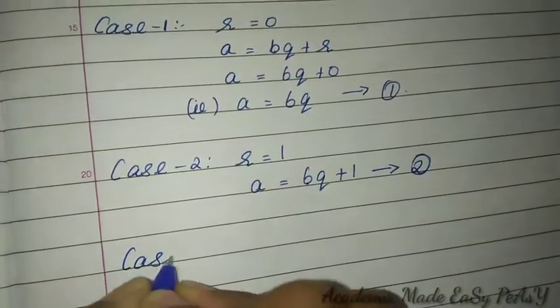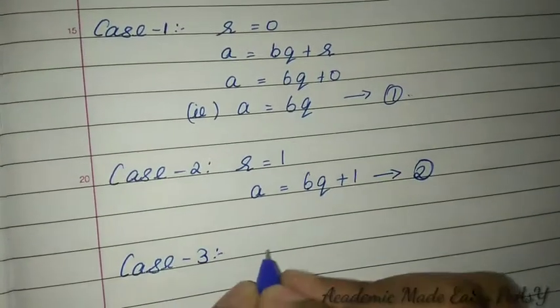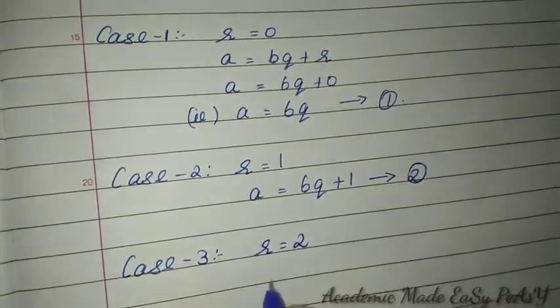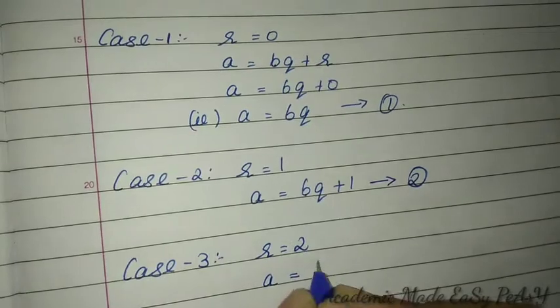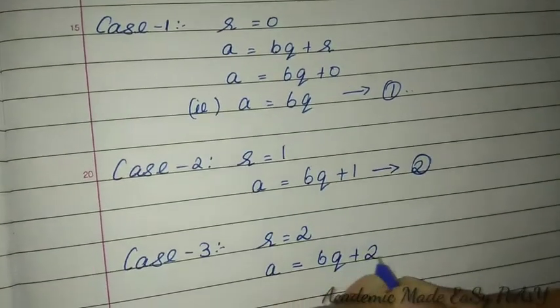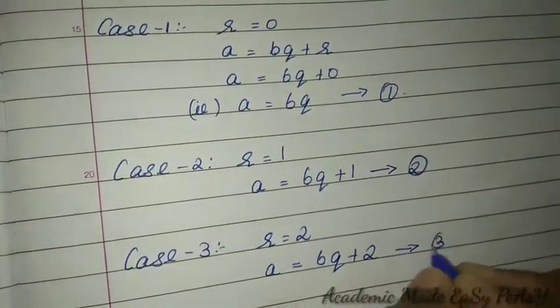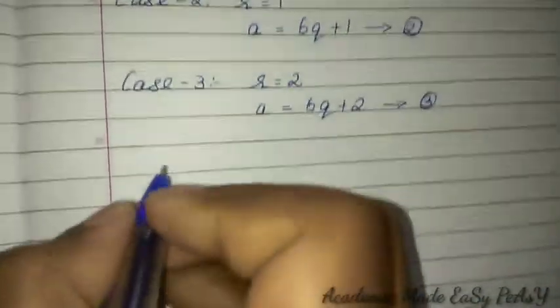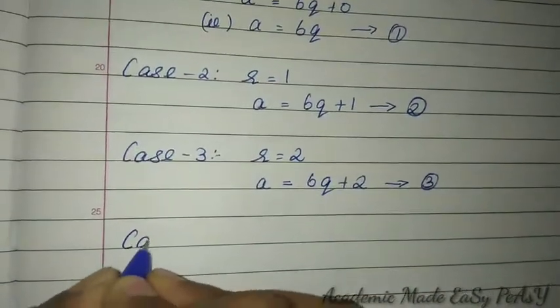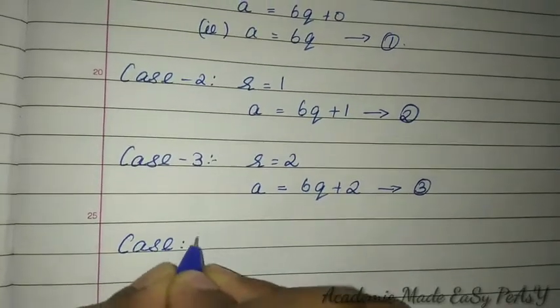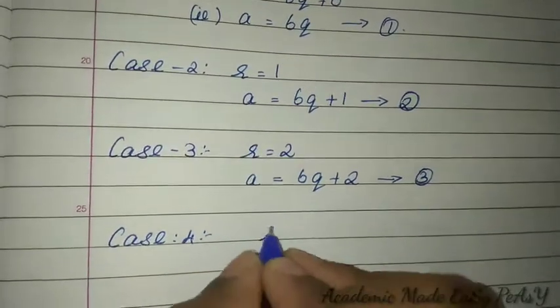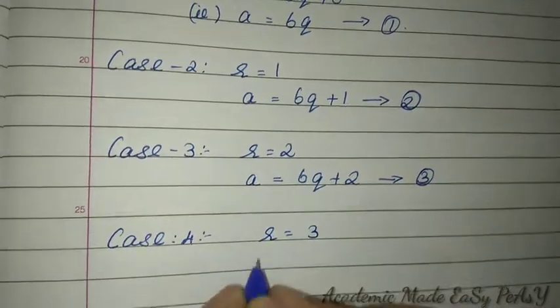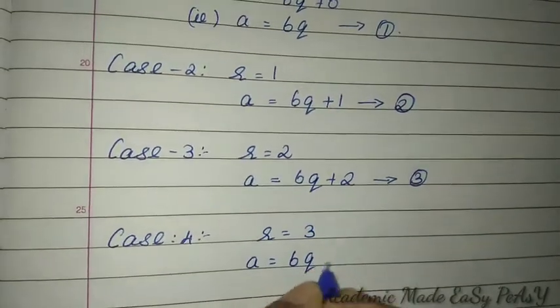Next case 3. r is equal to 2. So my value of a is equal to 6q plus 2. You just have to substitute the value of r in each case so that we'll be able to prove it. Case 4. r is equal to 3. a is equal to 6q plus 3.